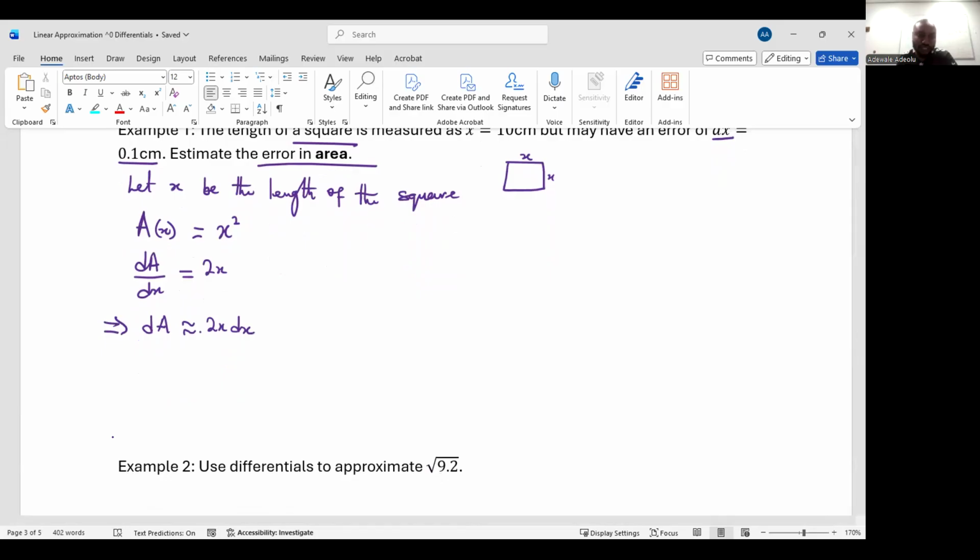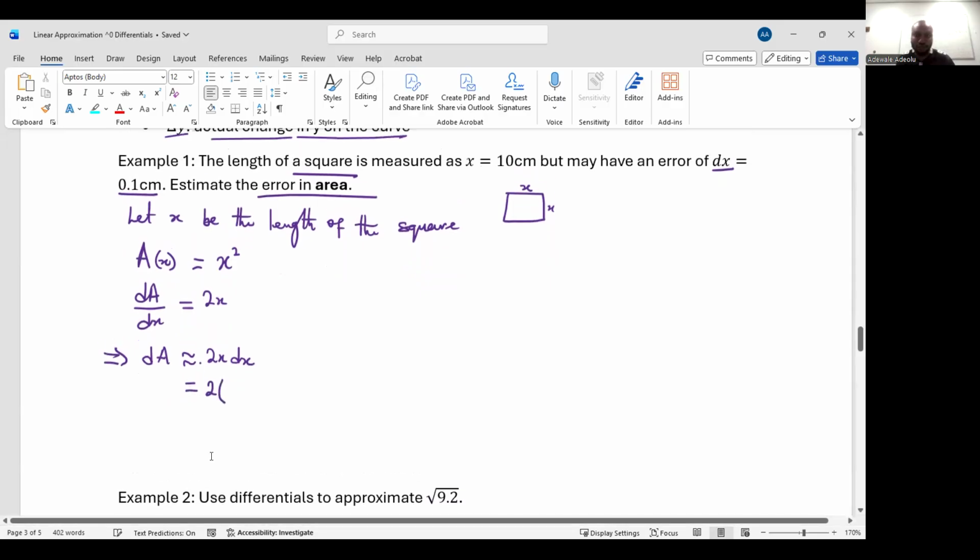Let us find our change in area now. This is equal to 2 times our x. The length of the square is 10 centimeters. So 10 times the change in x, that is, the error in length, which is 0.1.